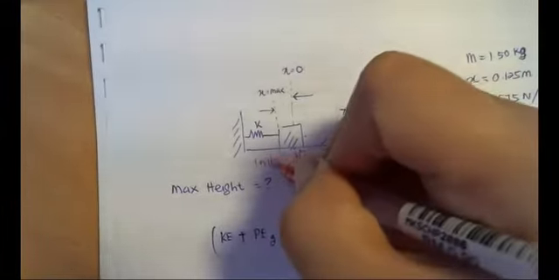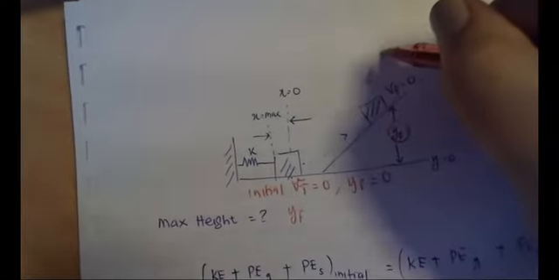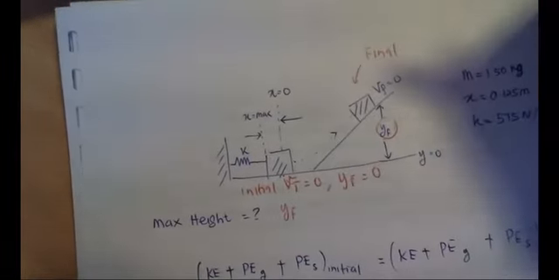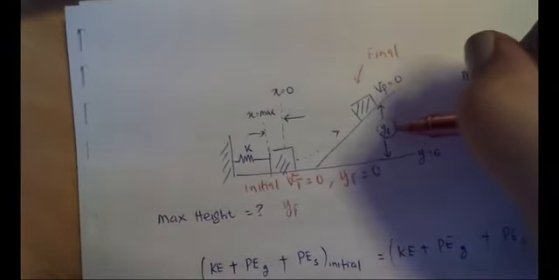Now this is your initial position, while your final position is at this point, where the block is positioned at y equal to y f.